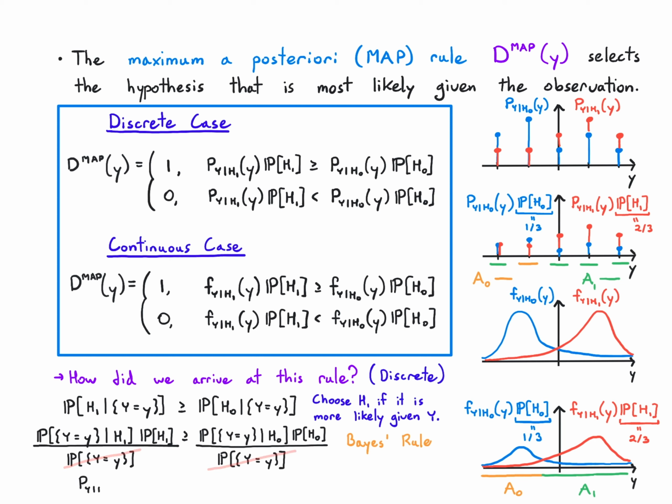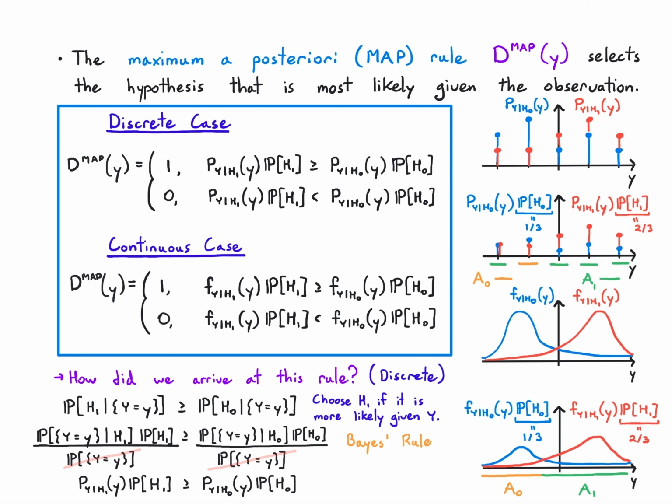What I'm left with for my decision is the probability of y given H1, the conditional PMF of y given H1, times the probability of H1, versus the probability of y conditioned on H0 times the probability of H0. So that's how I arrive at that decision rule. I'm using the probability of hypothesis given measurement, then Bayes' rule, then crossing out the denominator because it's always going to be the same on both sides, since on both sides I'm comparing the same value of y.